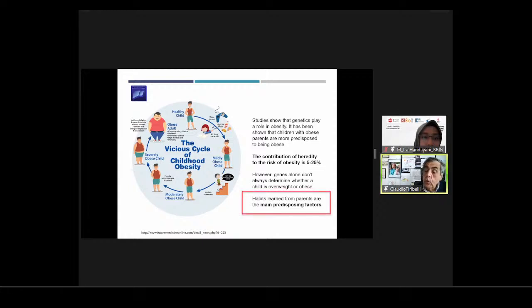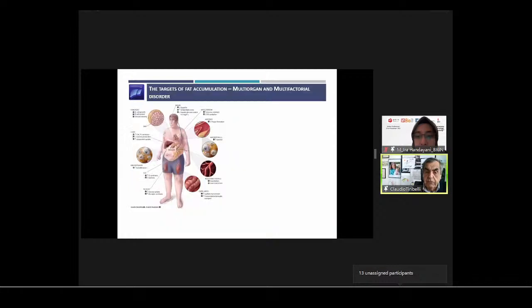So we need to understand that habits, in addition to genetics, are the main predisposing factors, particularly the habits of parents living with a child. We just published an editorial in an international peer-reviewed journal, APT, making clear that it's the parents giving the wrong information on how to behave: less exercise and a much more sedentary life.